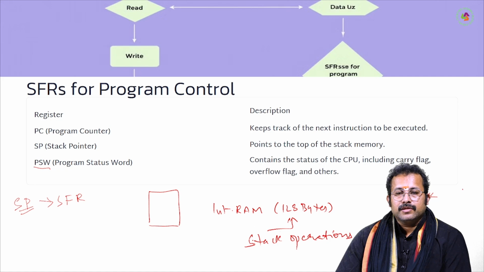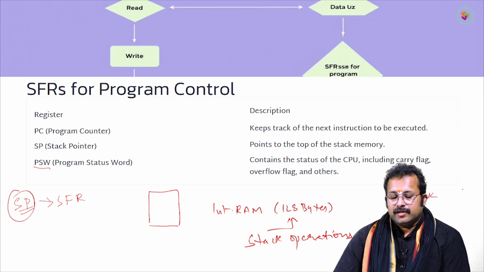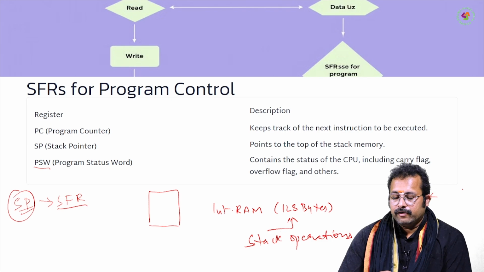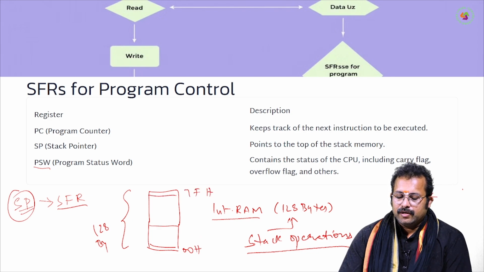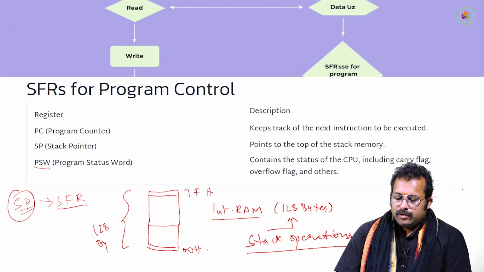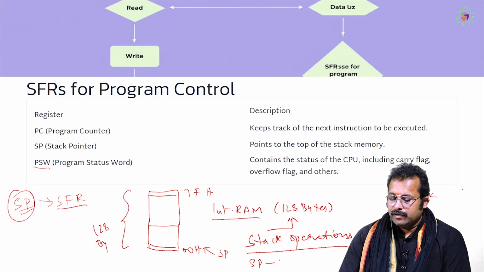So let us consider that this is a 128 byte memory with the starting address 00H and the last address 7FH. The stack pointer, by default or upon reset, will be showing 00H.